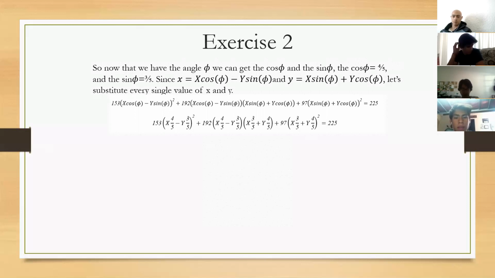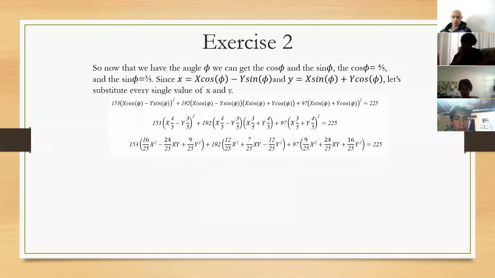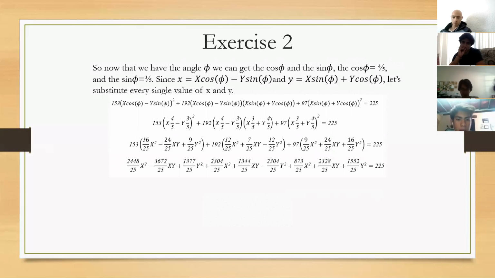Then we solve the squares, we expand the expression, we use the distribution property, and we start to cancel some terms. For example, we end up with the xy term equal to 0, and then we divide everything over 225. So we end up with x squared over 25 plus y squared over 9 is equal to 1.